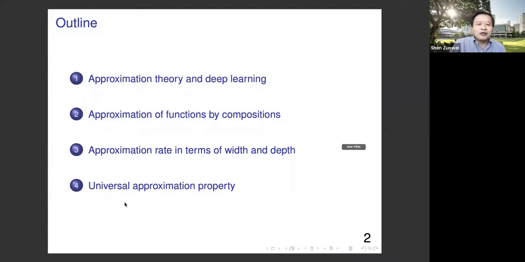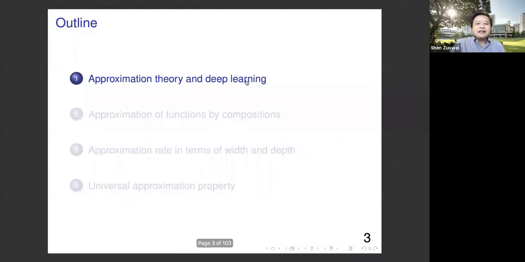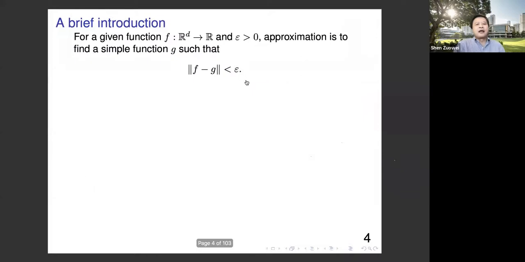But here I want to say we design a mathematically computable neural network which can be dense in the continuous function space with a finite number of neurons. That was very surprising. That's our recent result. Okay, let me start with a brief introduction to approximation theory.